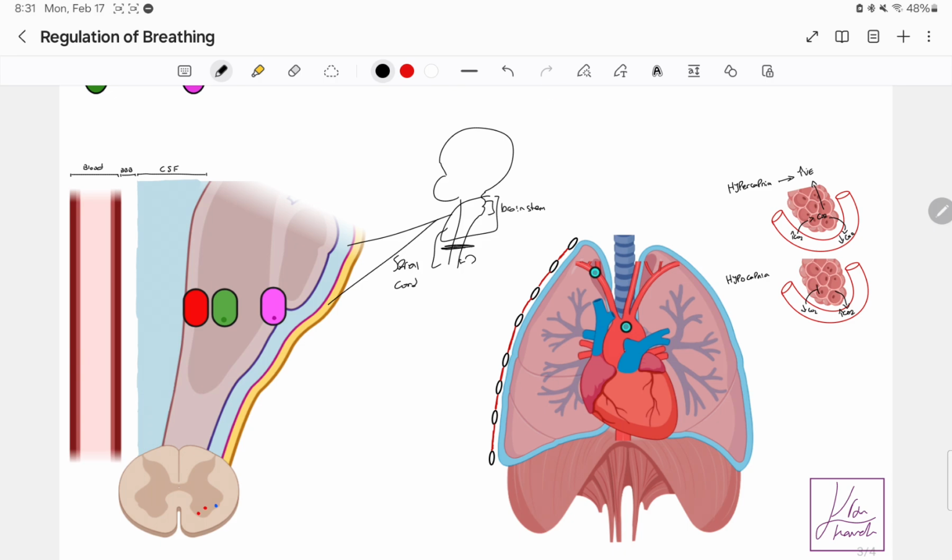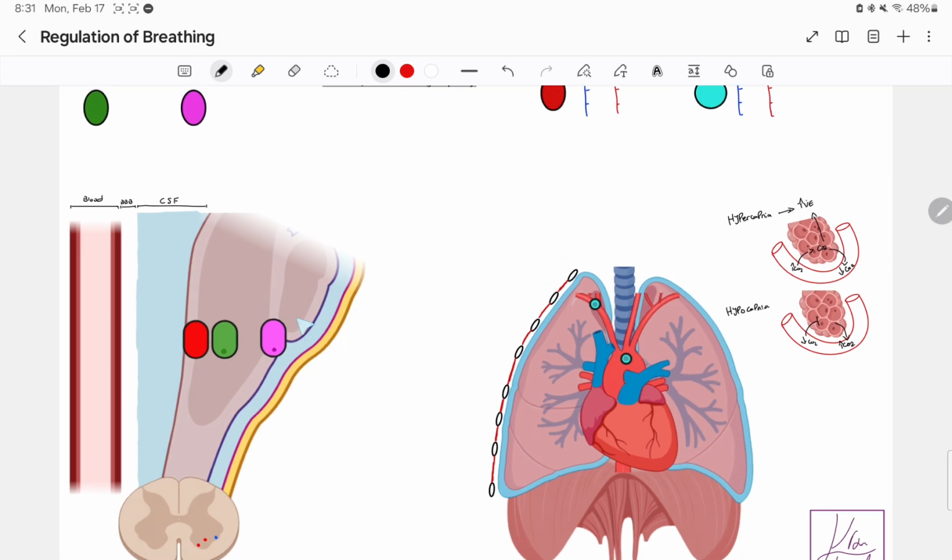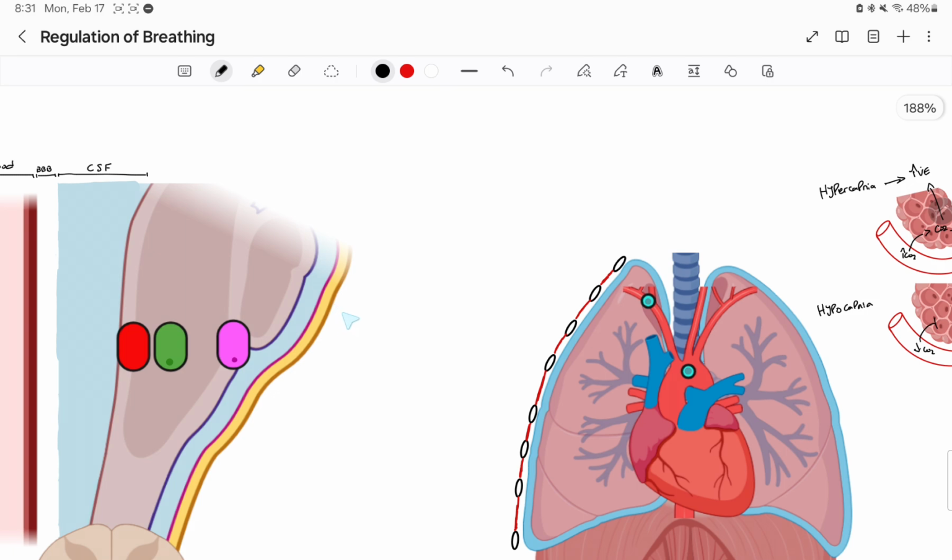We'll talk about that. Now, let's go ahead and take a deeper look at some of the specific neurons that sit within this medulla. So let's say right here, this portion is called the medulla, and specifically, for our purposes, it'll be the medullary respiratory center.